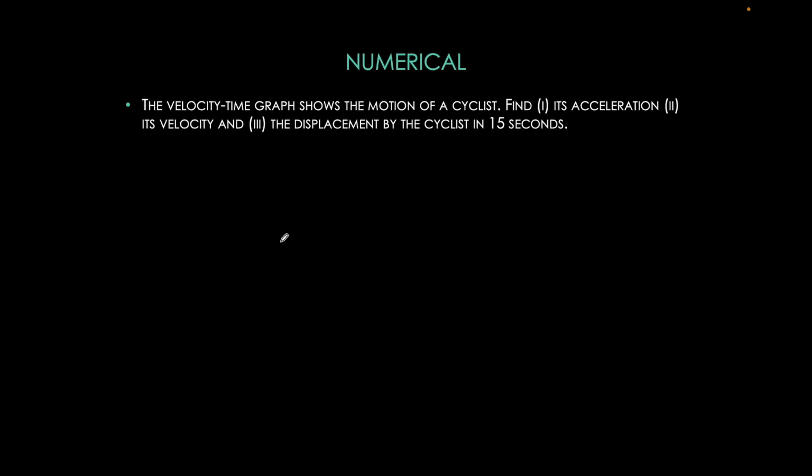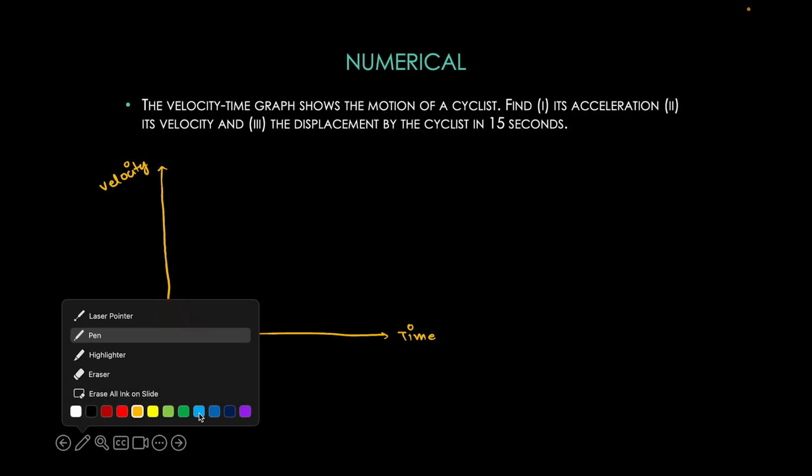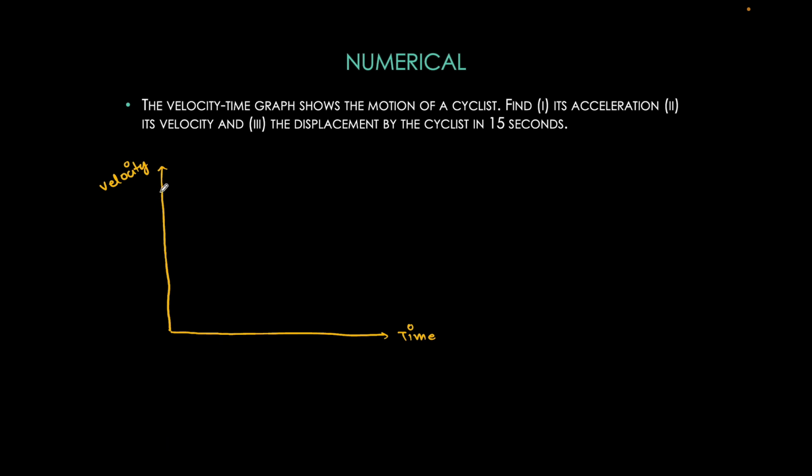So the numerical tells us the velocity time graph shows the motion of a cyclist. Okay, so I'll just draw the graph for you first. Just remember, it is a velocity time graph, right? So here we have velocity, and on this axis we have time. Okay, now I'll draw the graph. So velocity will be in meter per second, right?